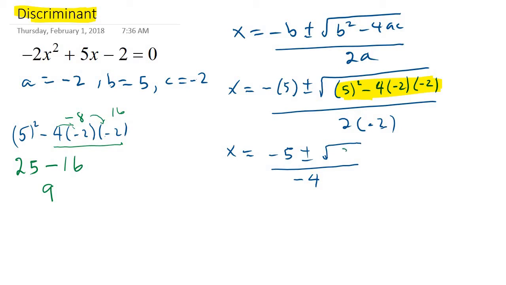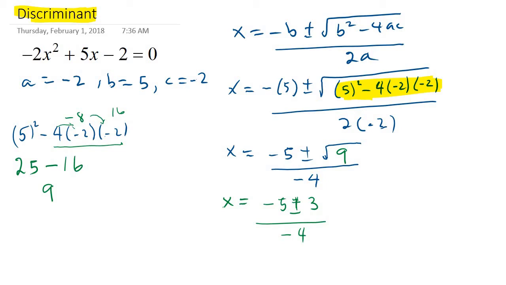Okay, so since our goal is to find out the number of solutions and what type of solutions this will have, well, let's first just finish finding the values of the solutions. Okay, we'll see what happens. So -5 plus or minus 3, because the square root of 9 is 3, and then divided by -4. So we're going to do this in parts.